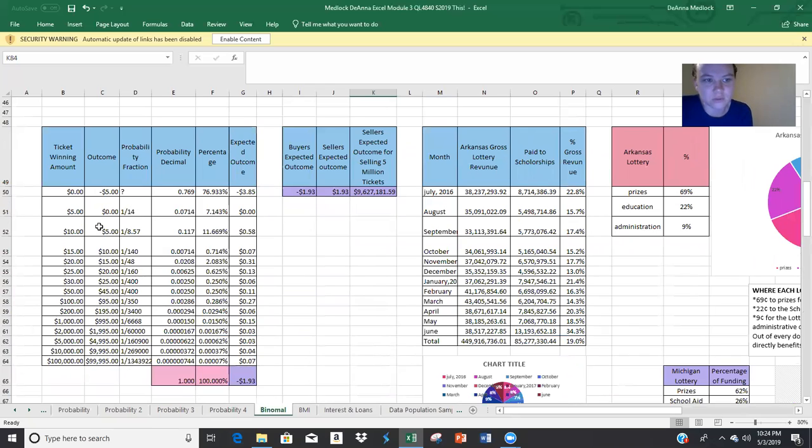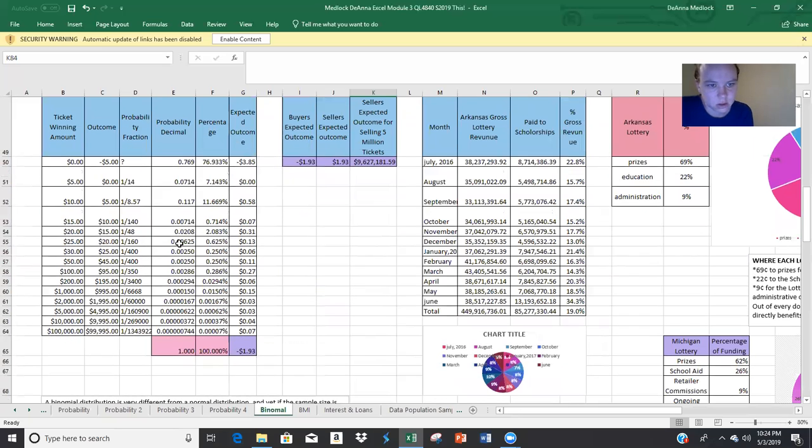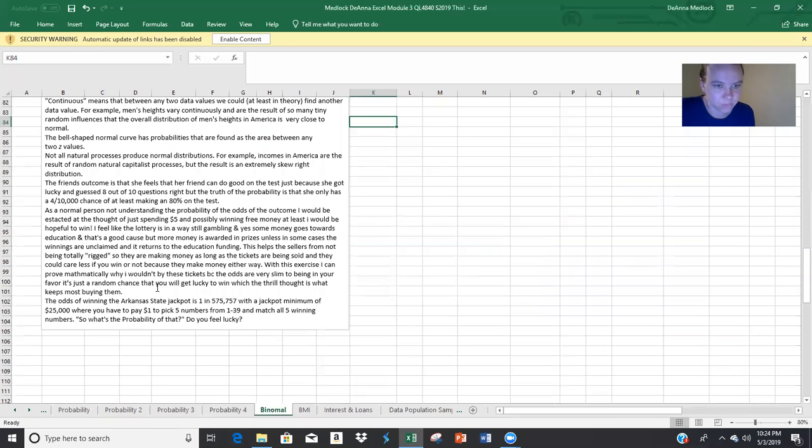So if you spent $5 and you won $10, that was the highest probability that you had. And next would be you getting lucky of winning a scratch-off ticket. So the odds are very slim to being in your favor. It's just a random chance that you'd get lucky to win, which the thrill thought is what keeps most buying them.